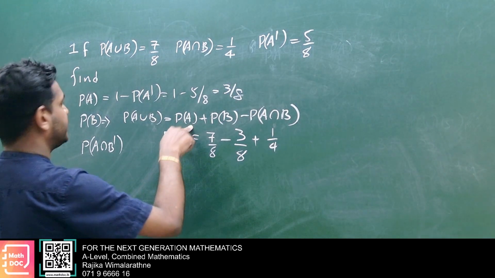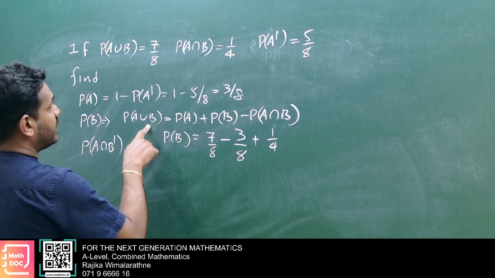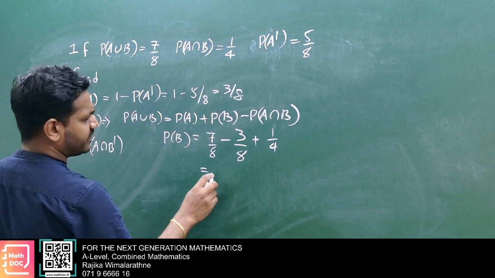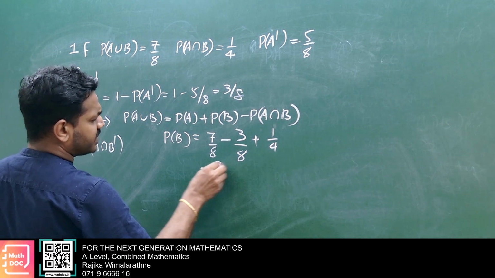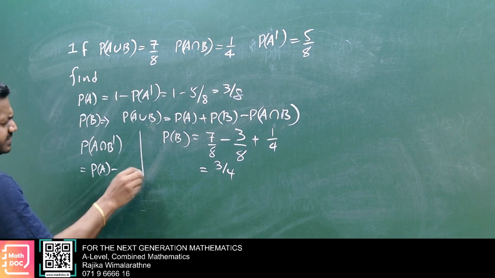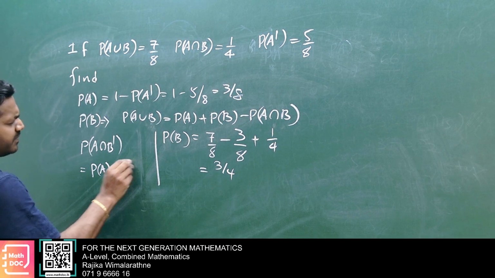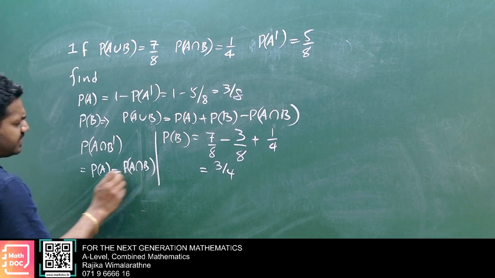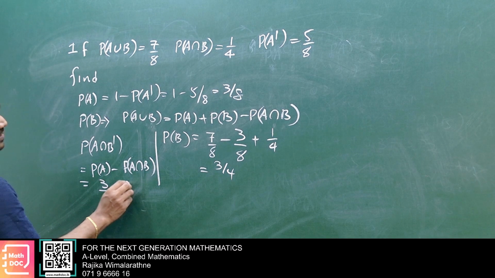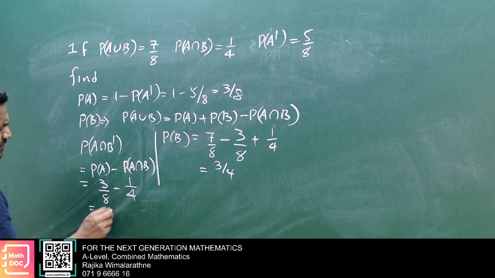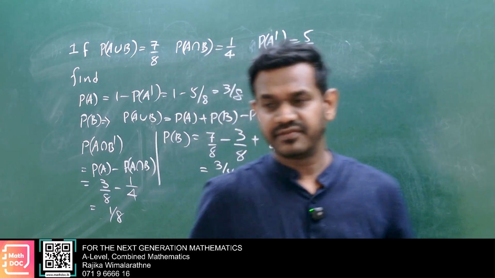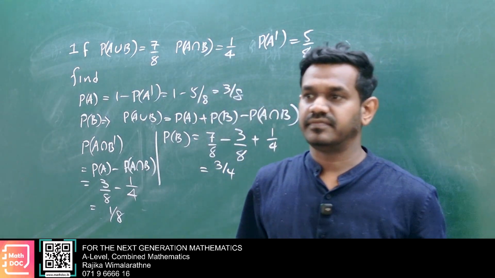So 4 over 8 plus 2 over 8, that is 3/4. Here P(A) minus P(A intersection B): 3 over 8 minus 1 over 4 is 1 over 8. Likewise, you deal with theorems.